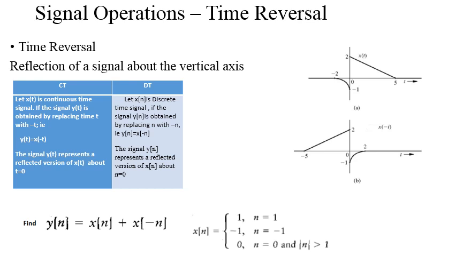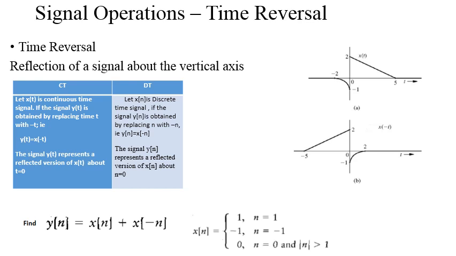So time reversal is defined as the reflection of a signal about the vertical axis. For the case of continuous time signal, we have x of t, our signal, and we obtain the signal y of t by replacing t with minus t, that is y of t equals x of minus t, and we call y of t the reflected version of x of t.